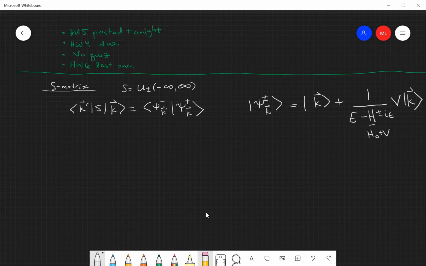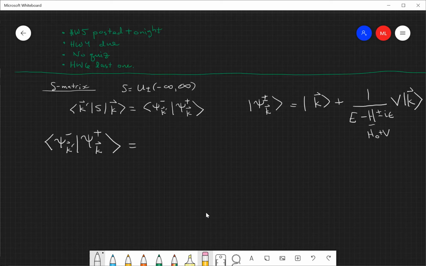That's our beginning. Now what we want to do is calculate this inner product using this formula, and using what we understand about the properties of the Green's function.